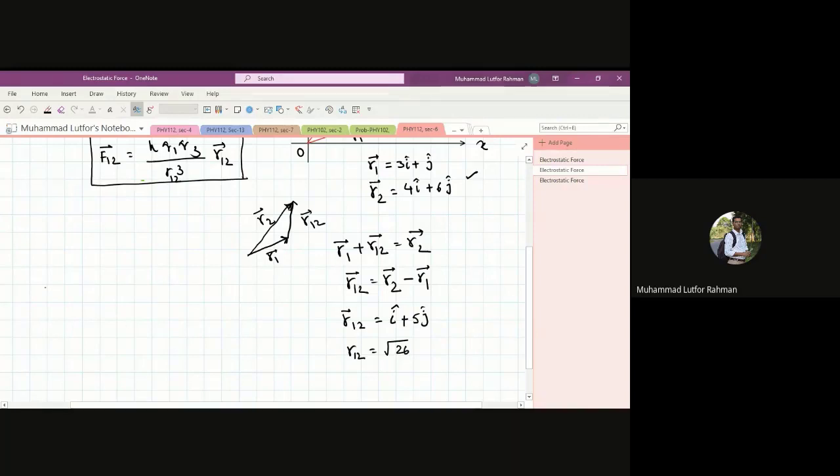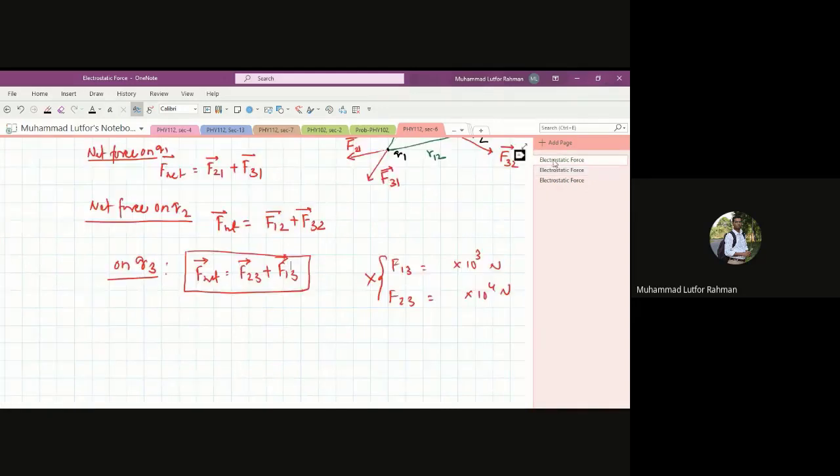Now it's very easy for me. I know the R12 magnitude and the R12 vector. Then I'll be able to find out the force. So the force in that case, 1, 2, would be K, which is 9 into 10 to the power 9, not 11. I'm extremely sorry, guys, I wrote down the 11.